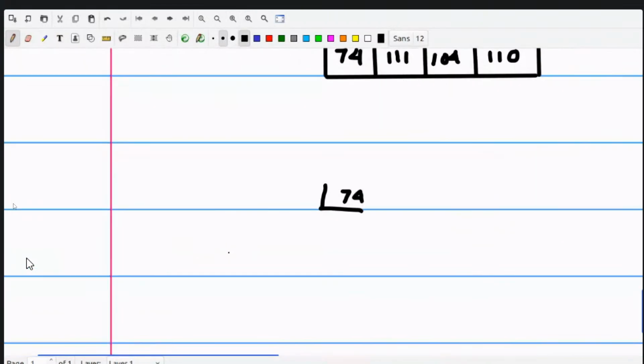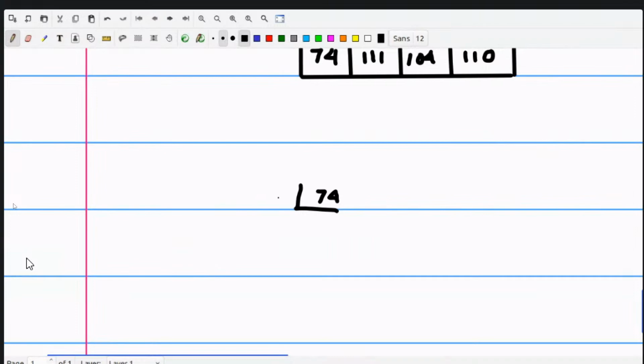1 minute. So we take the number 74, divide it by 2. What is it? 2 3s are 6, 2 7, 14. Remainder 0. Next, divide by 2 again. 2 1, 2 8. Remainder 1. Divide by 2, 2 9. Remainder 0.